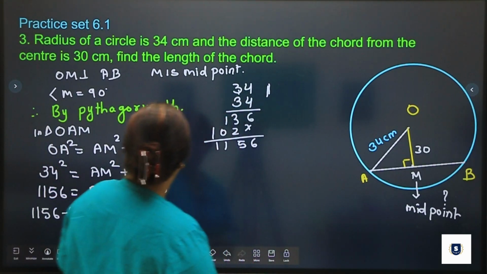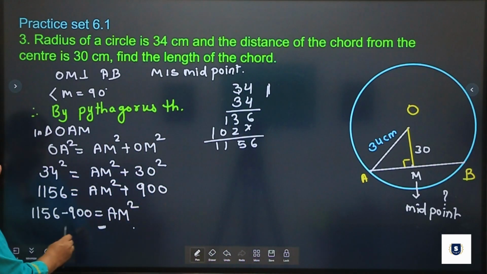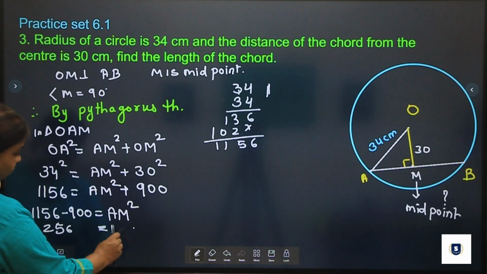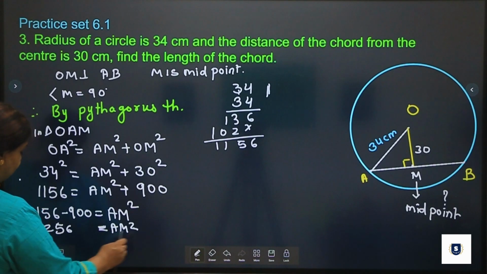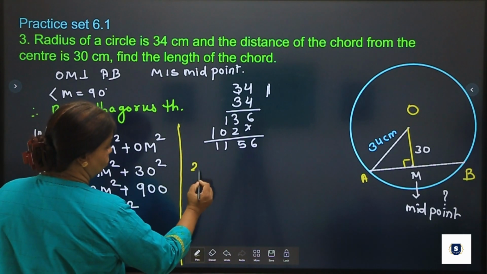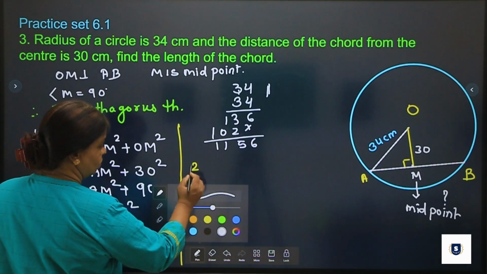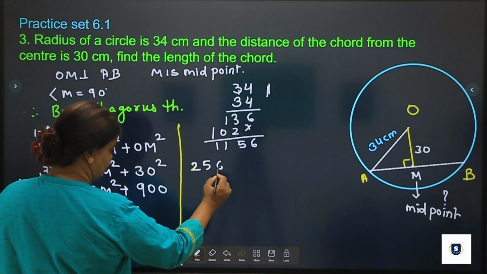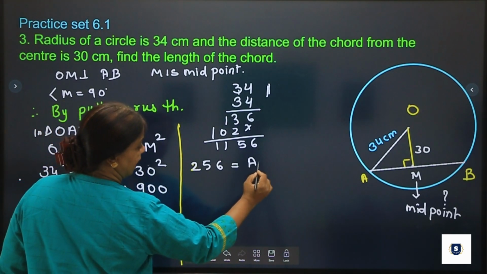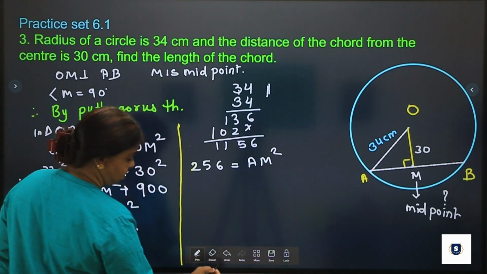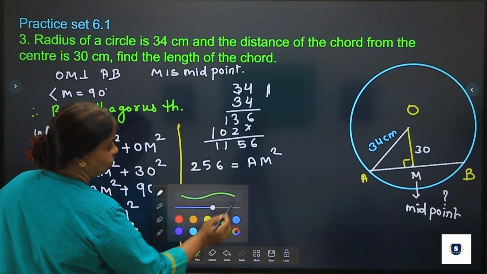256. So AM square is 256, so 256 is equal to AM square. Now what I'll do?